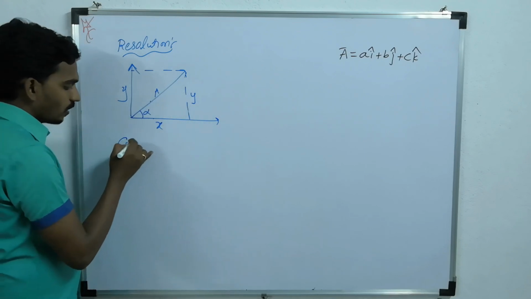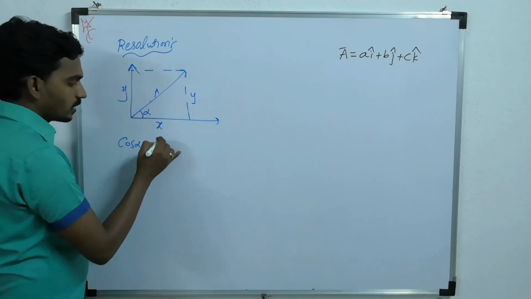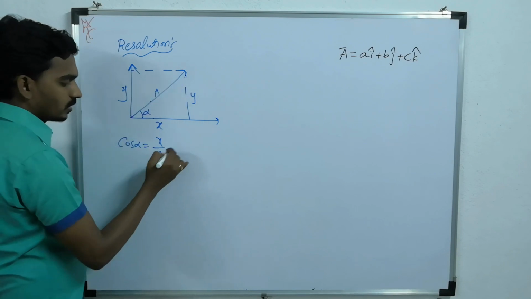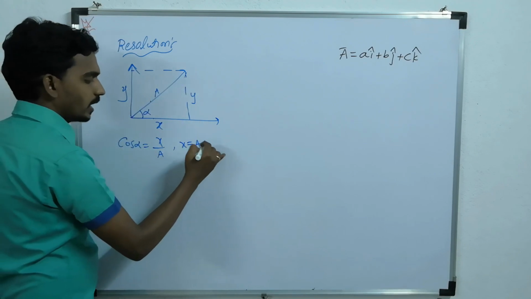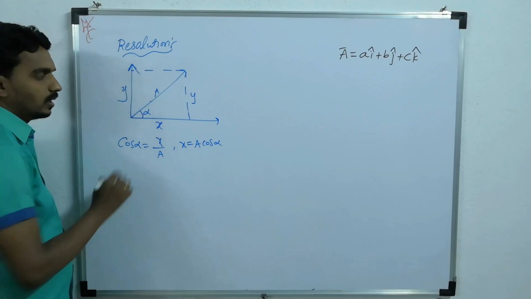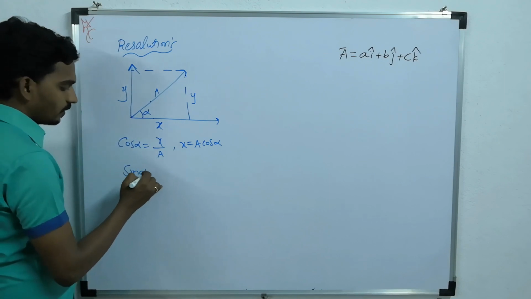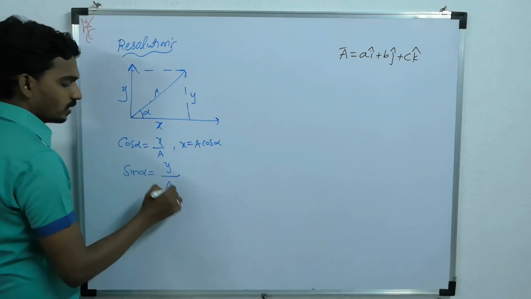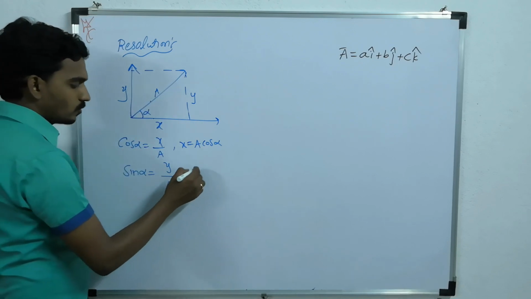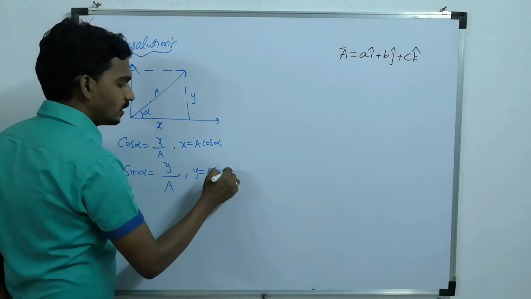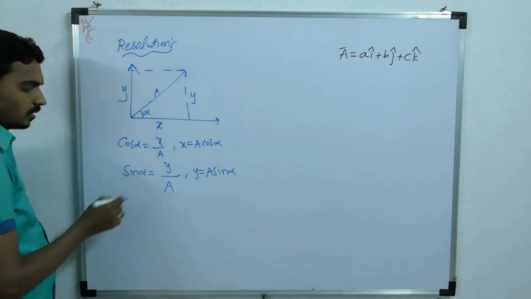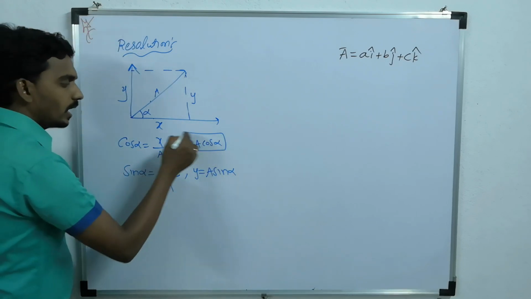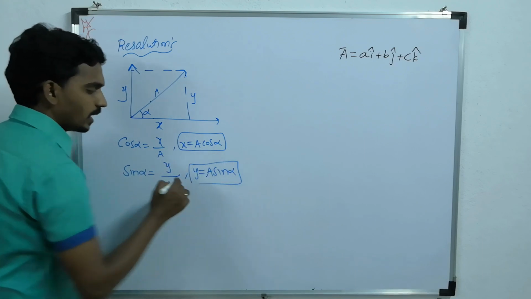Take cos alpha: adjacent by hypotenuse, so x is A cos alpha. If you take sin alpha, opposite by hypotenuse, then y is equal to A sin alpha. So x is A cos alpha, y is A sin alpha.